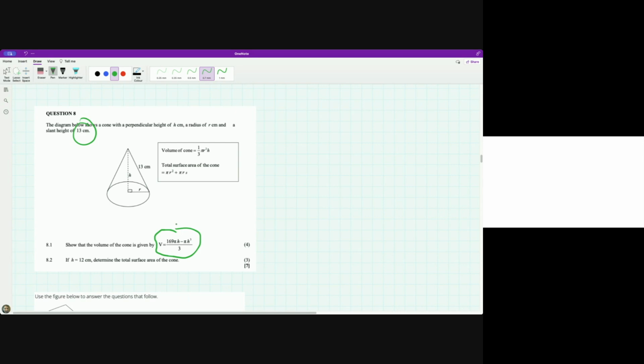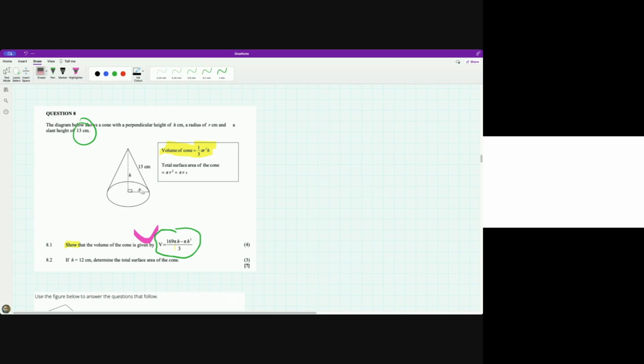When they say the word show, what they mean is they don't want you to just write it down. They want you to show the pathway to getting there. But remember, over here, they told me a formula. So you need to get from here somehow to there using what's in the drawing.